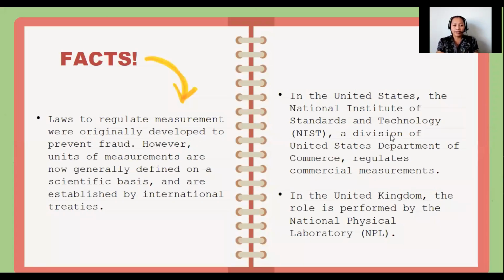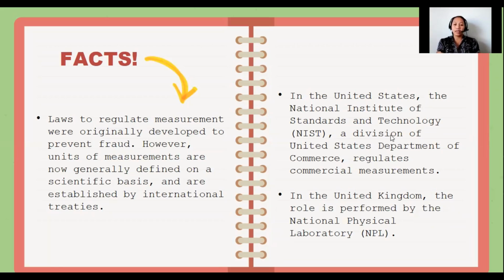So we have facts in measurements. Laws to regulate measurement were originally developed to prevent fraud. However, units of measurement are now generally defined on a scientific basis and established by international treaties.